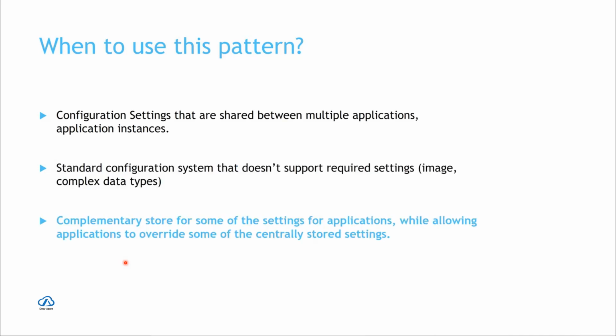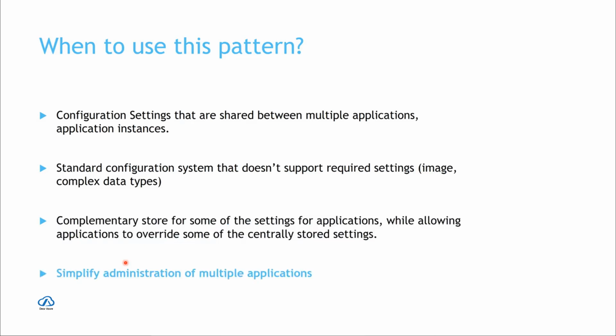Also, you want to have these different scopes we have talked about before. You want to have different scopes in your organization and allow some applications to override certain configuration data. And definitely you want to simplify the administration effort if you want to change some configuration data across hundreds of these components.